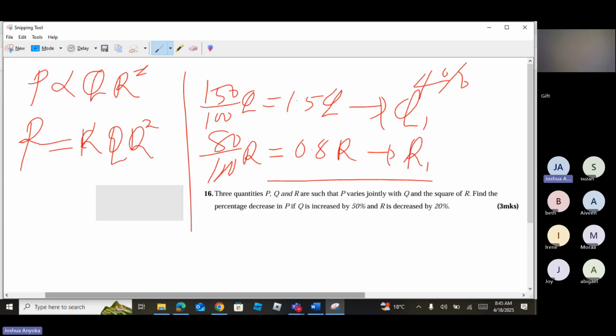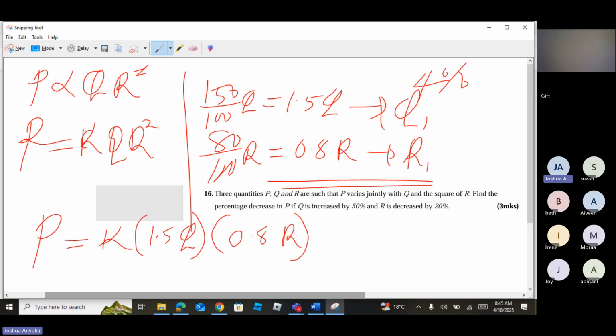Once we are done bringing in the changes, bring in the equation now. P is equal to K, Q, but our Q is 1.5 Q, and then R squared, but our R is 0.8 R, and then squared.